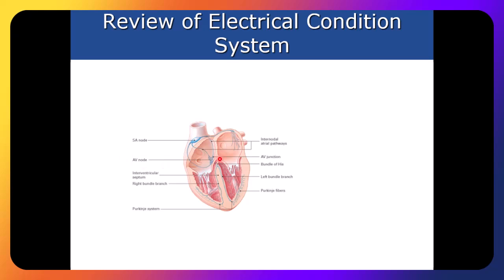When we have an impulse that arises up here in the atria, what is the normal direction for that impulse to go? Positive deflection. Okay, it results in a positive deflection as a result of what?